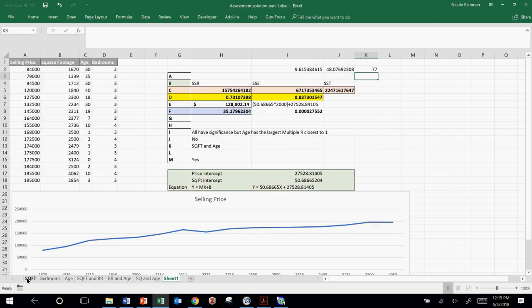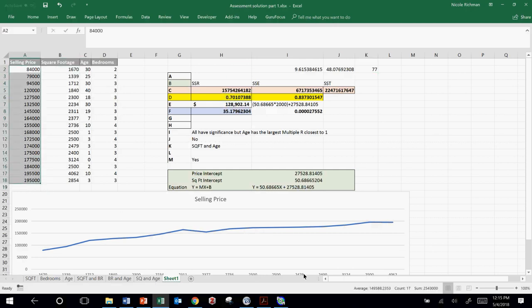Just the square footage alone, bedrooms alone, age alone, and then you're also going to need to solve a multiple regression for square footage and bedrooms combined, bedrooms and age combined, and square footage and age combined. So we need to do 6 total runs in POM QM. Having the data easily copied and pasted into POM just makes it a little bit faster.